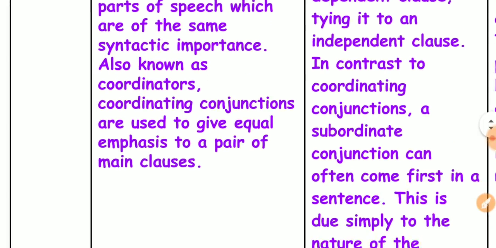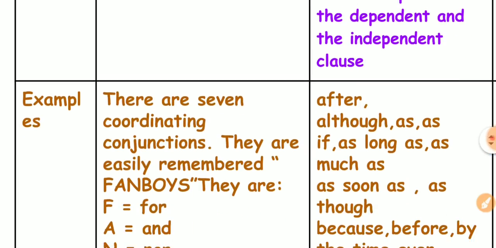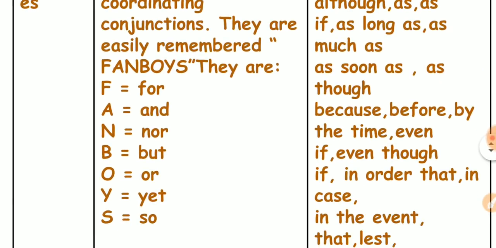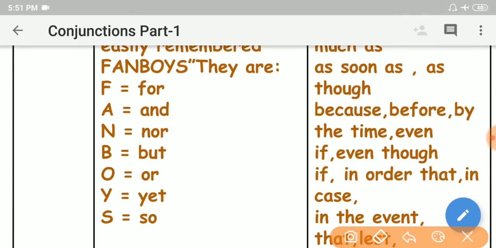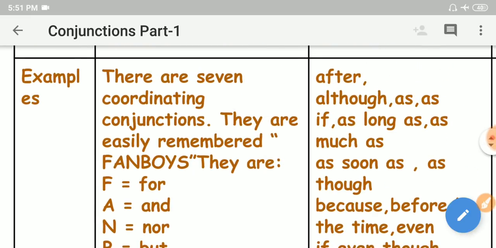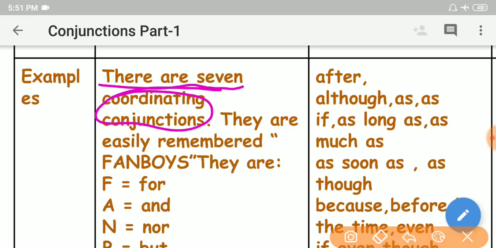Let us go and learn some important conjunctions we have in English. There are mainly seven coordinating conjunctions in English.